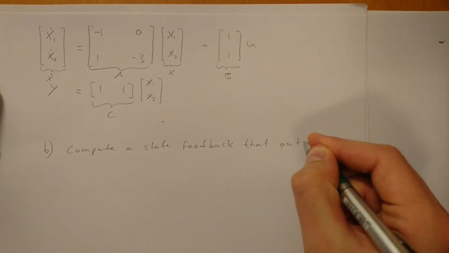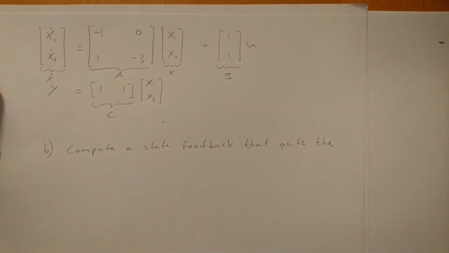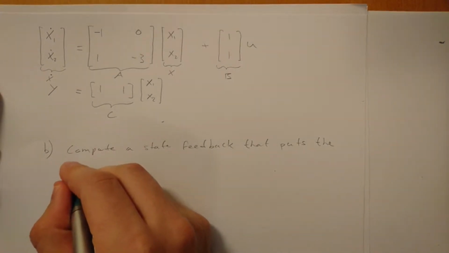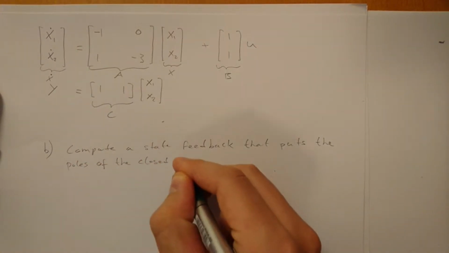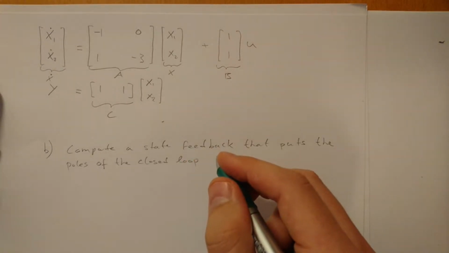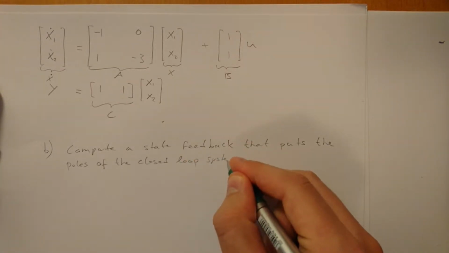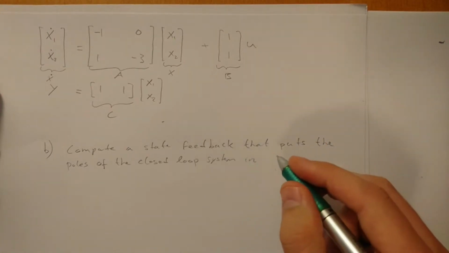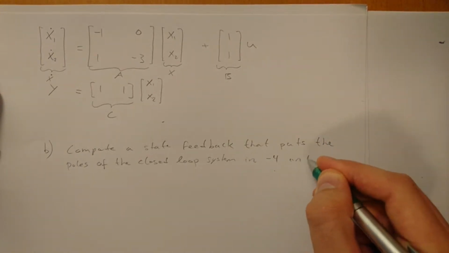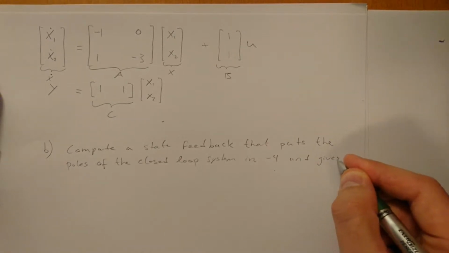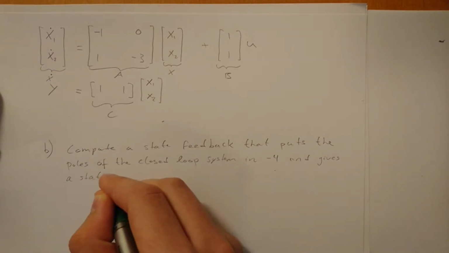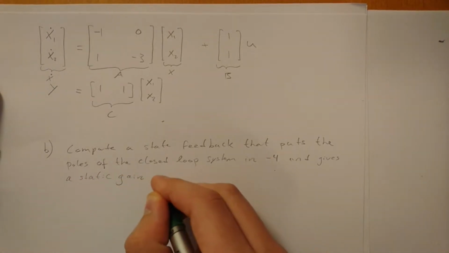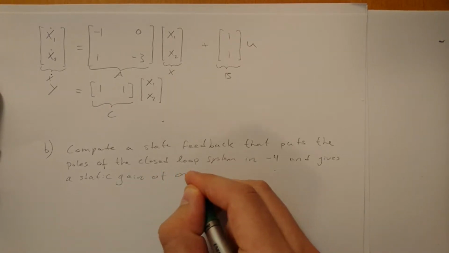I'm just writing the instructions from the exercise: that puts the poles of the closed loop system in -4, and that gives a static gain equal to 1. So static gain of 1.